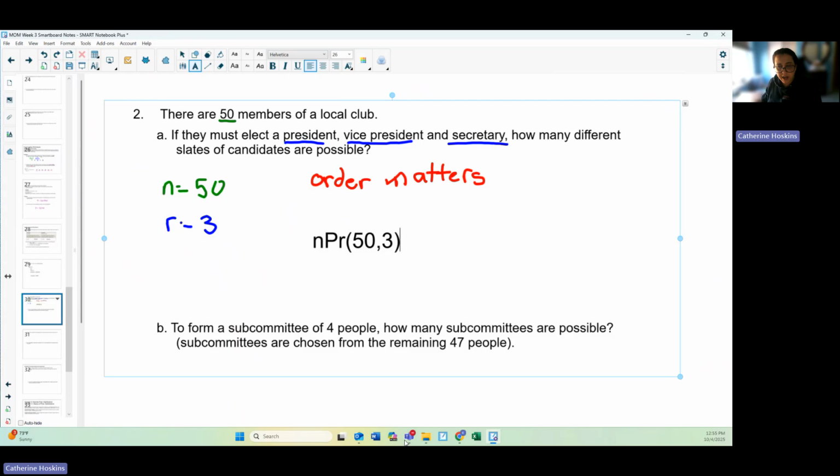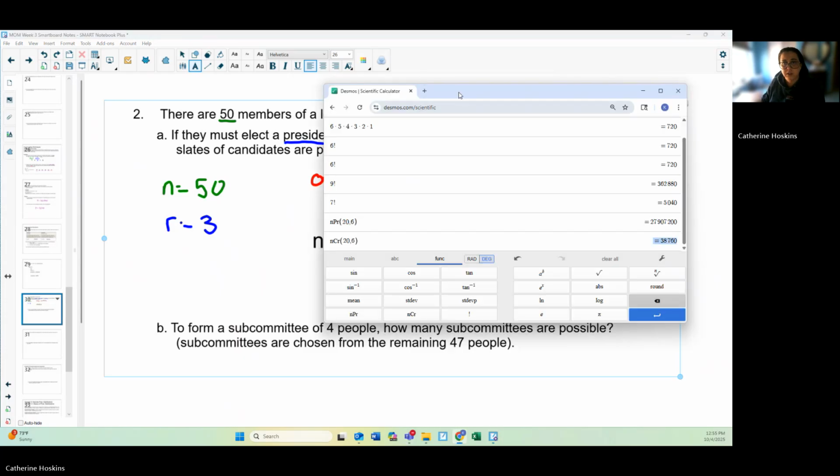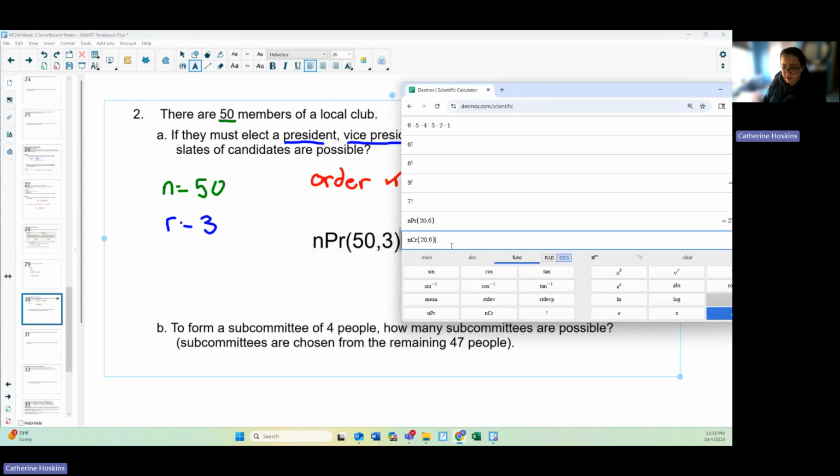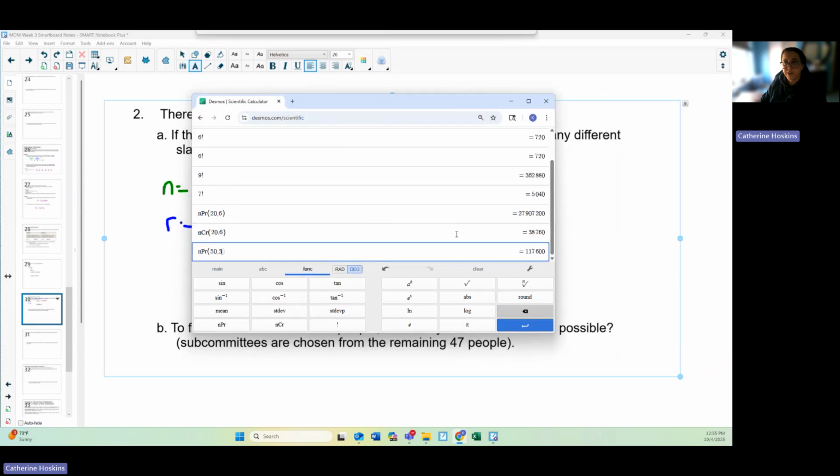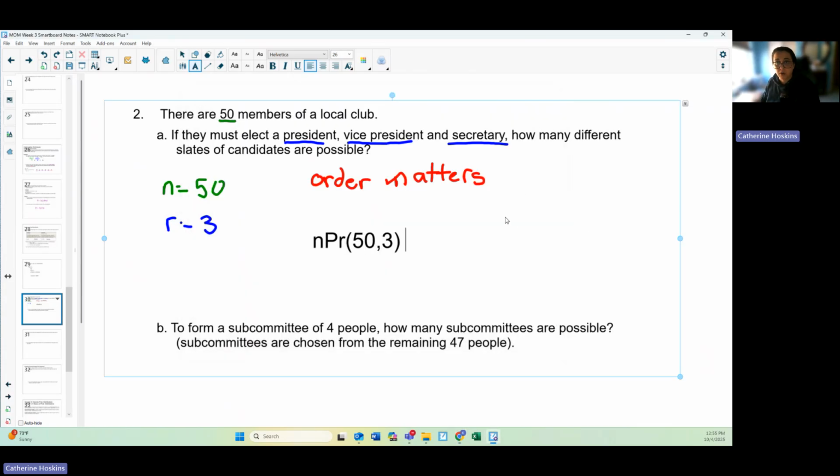I would end up with 117,600 different possible ways that out of 50 members of a local club, we could get a president, a vice president, and a secretary.